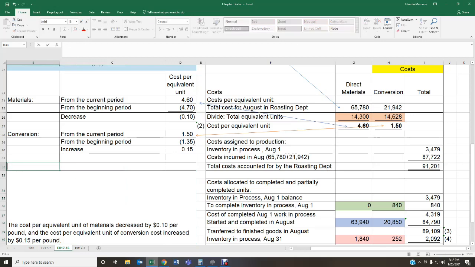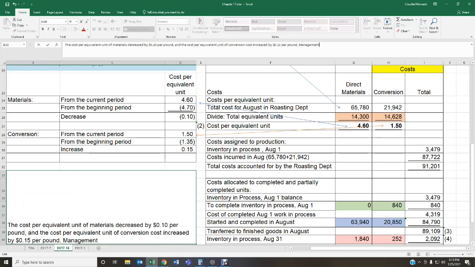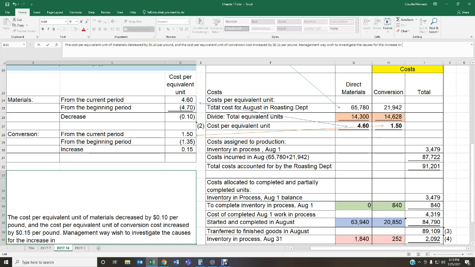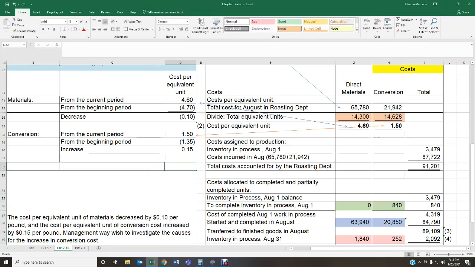So therefore, management may wish to investigate the causes for the increase in conversion costs. Why did my conversion costs go up by 15 cents a pound? Those are things that management needs to do: figure out what is causing that increase in my conversion cost of 15 cents. Why are we not being efficient?